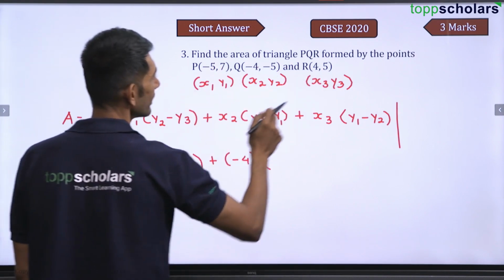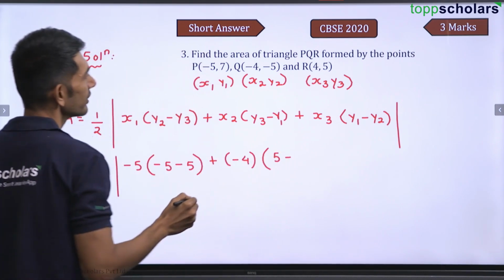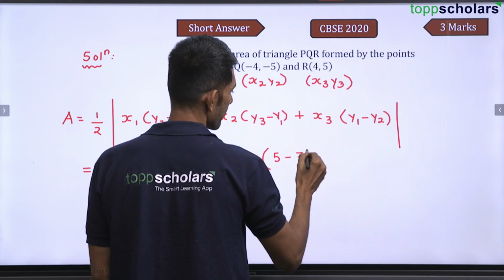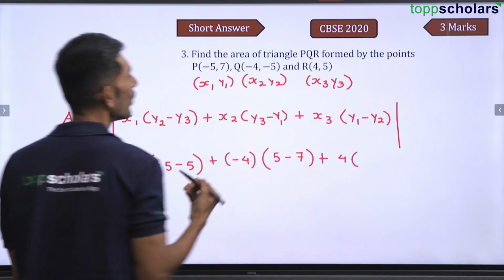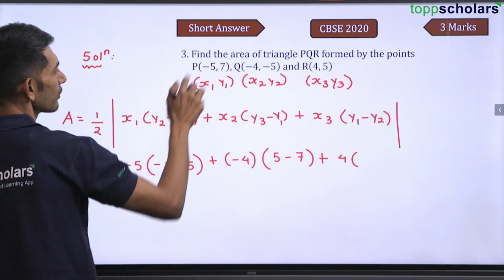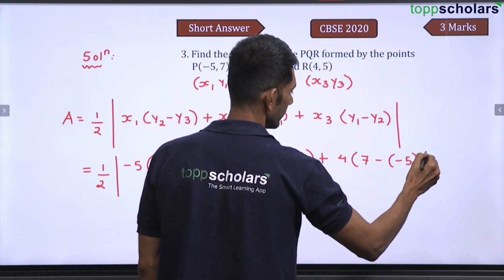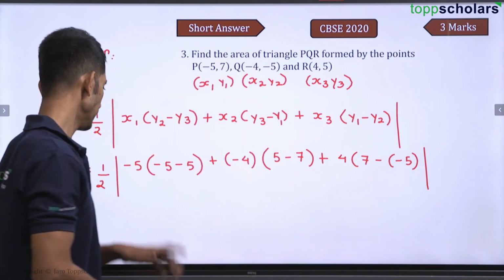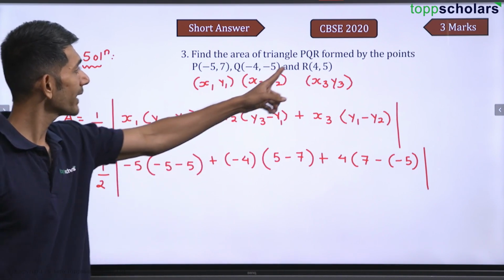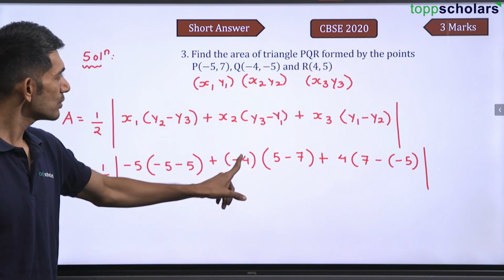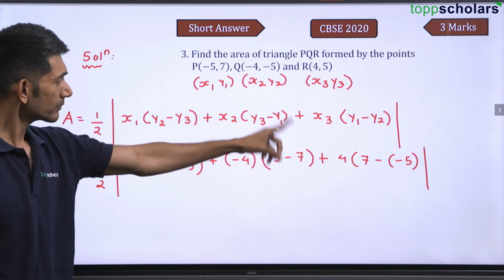So y3 is 5 minus y1, which is 7, plus x3. x3 is 4, y1 minus y2. So can I write down 7 minus 5? You check once again: half of x1 into y2 minus y3, plus x2 into y3 minus y1, plus x3 into y1 minus y2.